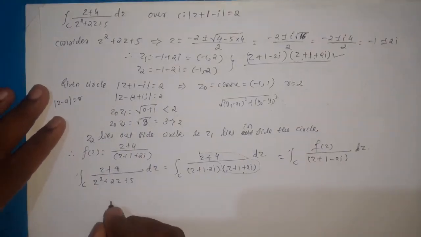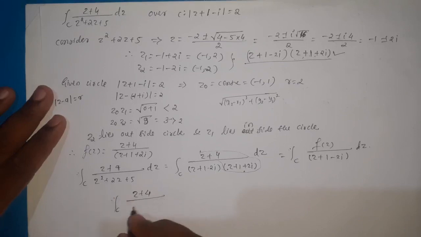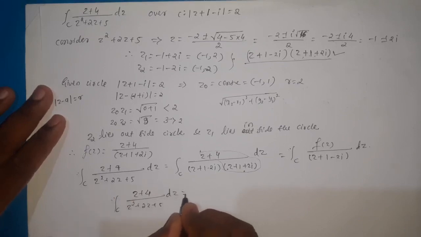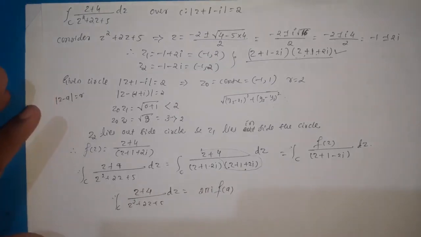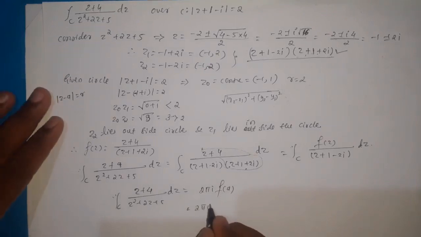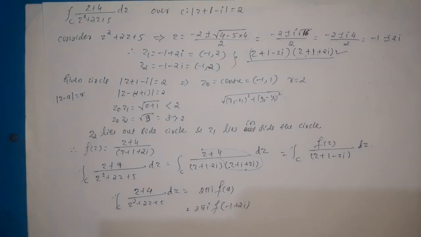Then the integration over c of z plus 4 divided by z square plus 2z plus 5 dz is equal to 2 pi i f of a, right, and a is minus 1 plus 2i, since it is a complex variable. Now substitute that value in f of z.